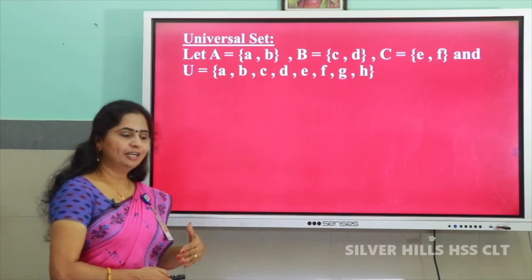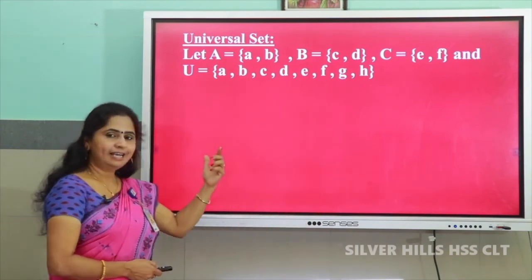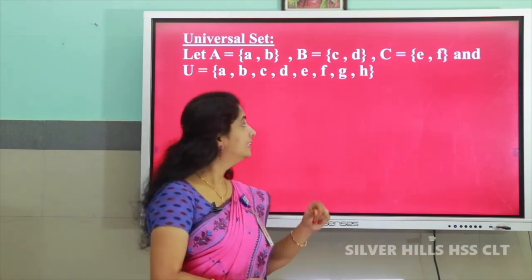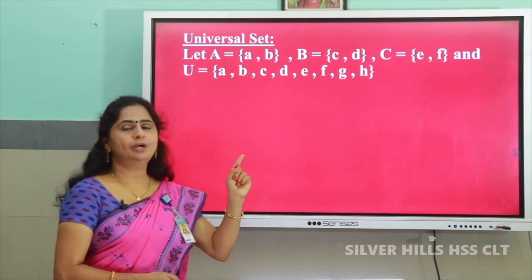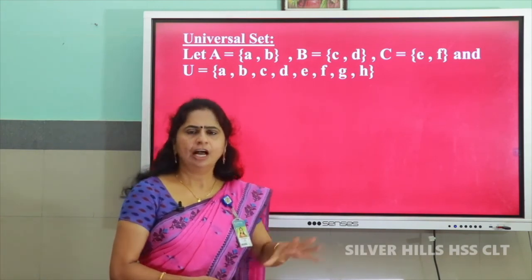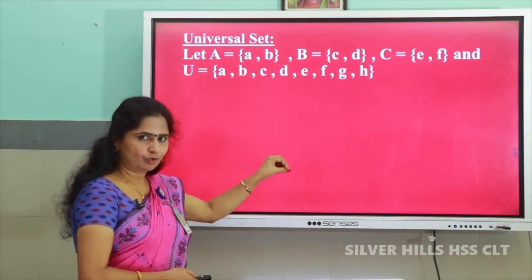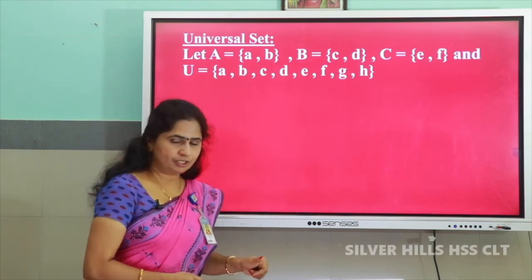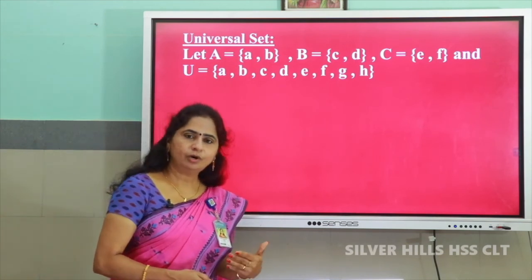Next, we'll go to the universal set. Let's consider an example. Let A be equal to the set {a, b}, B equal to the set {c, d}, C equal to the set {e, f}, and U equal to the set {a, b, c, d, e, f, g, h}. Actually, what do we see here? A is a subset of U because {a, b} belongs to U. B is also a subset of U. C is also a subset of U. So, what do we call U?